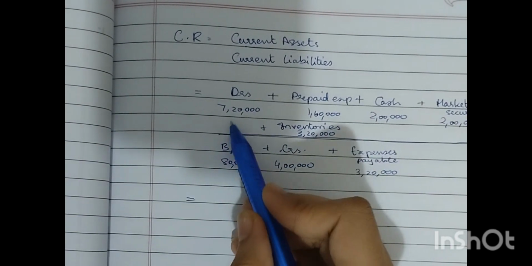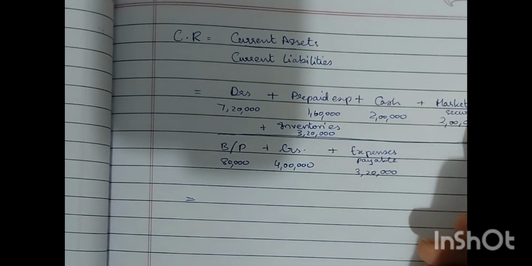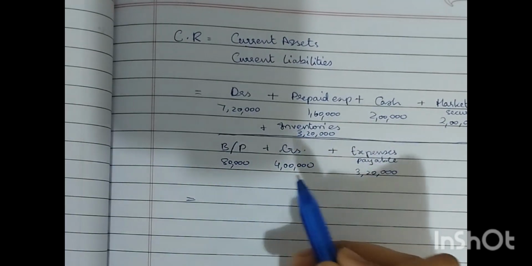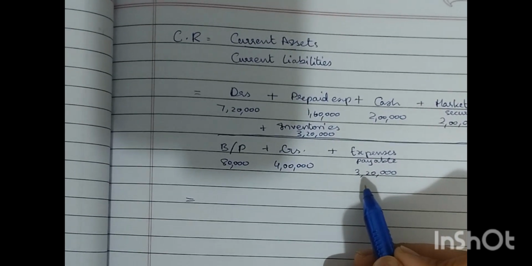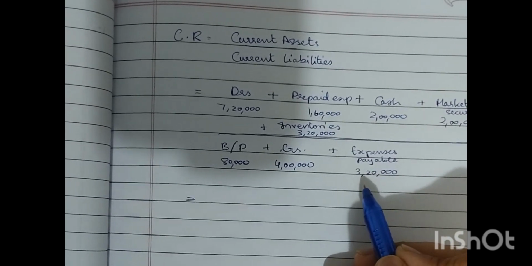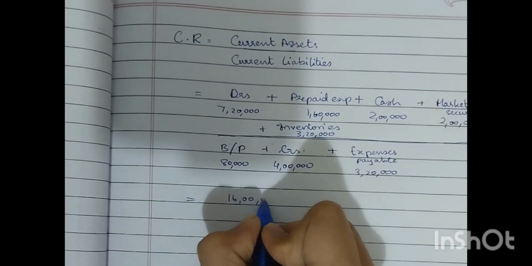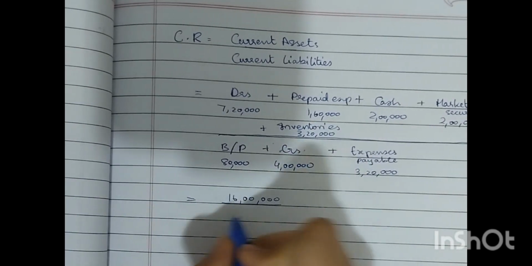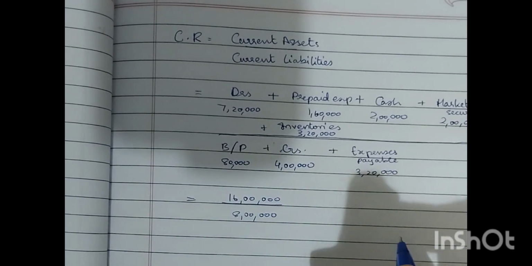Which will be 7,20,000 plus 1,60,000 plus 2 lakhs plus 2 lakhs plus 3,20,000 for the current assets, and 80,000 plus 4 lakh plus 3,20,000 for the current liabilities. And this is going to be equal to 16 lakhs for current assets by 8 lakhs as current liabilities.